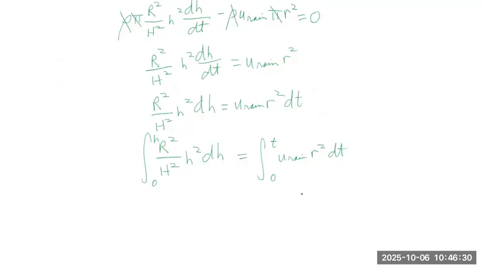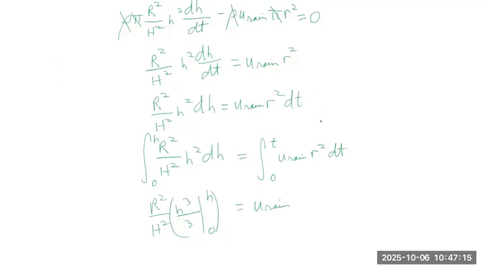And basically we have r squared over h squared times h cubed over 3 evaluated from 0 to h, and it's equal to u rain... we have a problem here actually.